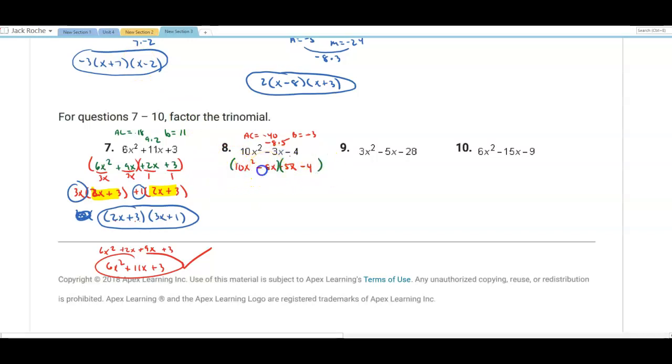These are divisible by 2x, so we're going to get 5x minus 4. There's nothing to factor out here, so we factor out a positive 1. So plus 1 times 5x minus 4. Do my binomials match up? Yes. So 5x minus 4 times 2x plus 1.